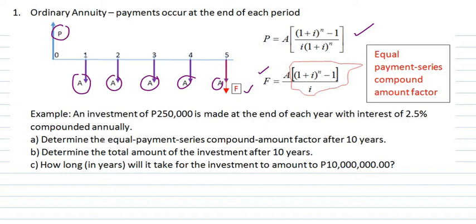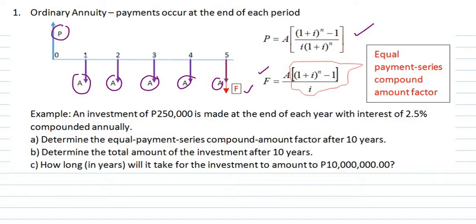Now we have our example so that you can clearly understand what ordinary annuity is all about. Take note, payments occur at the end of each period. So for example, an investment of 250,000 is made at the end of each period with interest of 2.5% compounded annually.